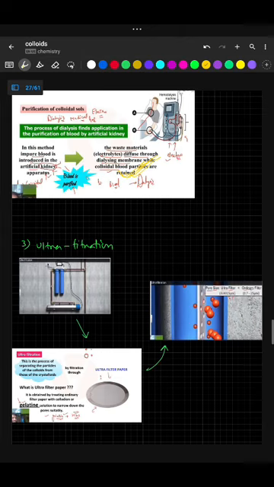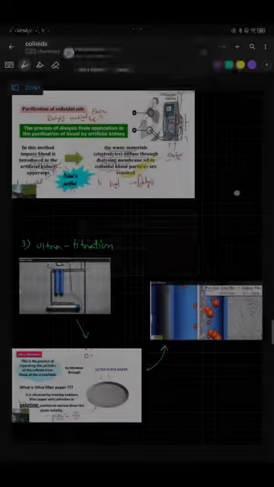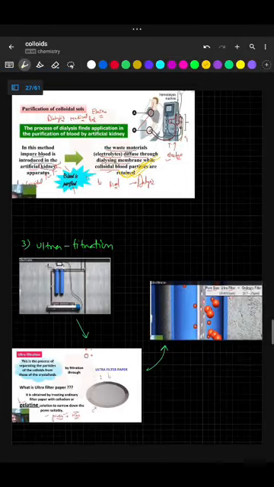And the last process is ultrafiltration, the special filter. If you take a normal filter, it won't work. We need a special filter because the colloidal particles would just slip through a normal filter, as colloidal particles sit in a medium range between a suspension and a proper solution.